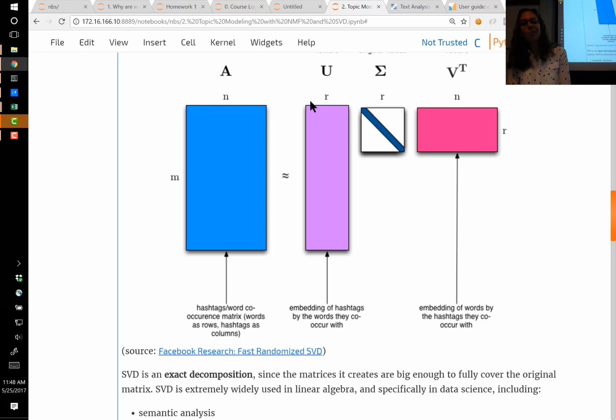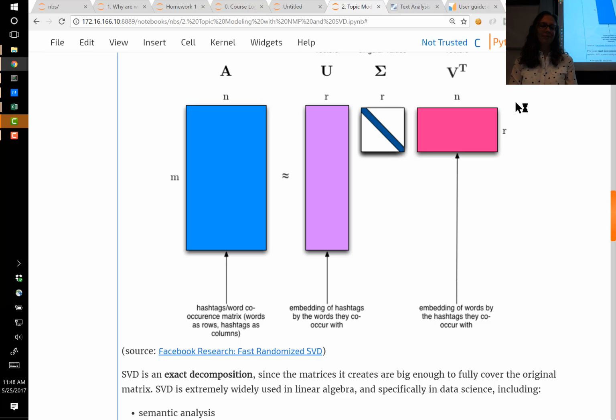The purple matrix, words are the rows, the columns are, what? Not hashtags. Oh, sorry, I thought I said word. Okay, purple matrix, words are the rows, the columns are the topics. The pink matrix, V, the rows are the topics, the columns are the hashtags.